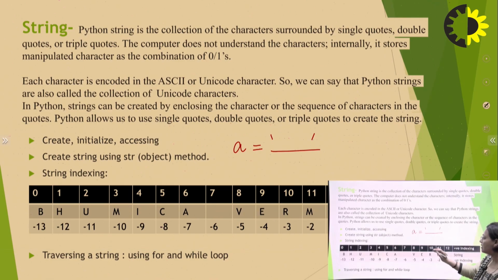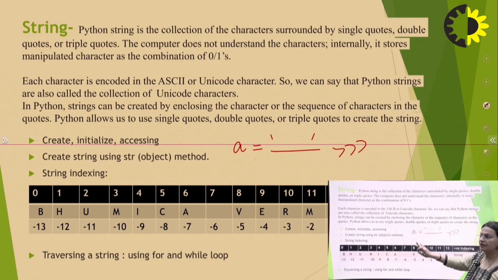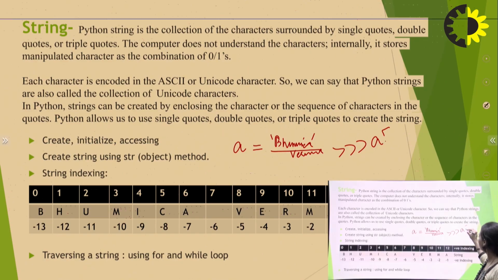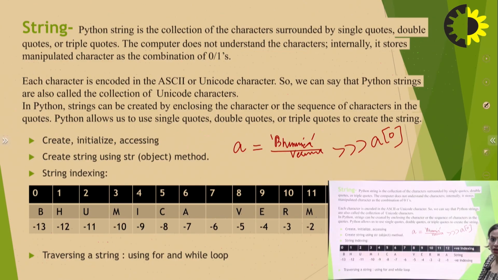So if A is equal to Bhumika Verma, suppose, so this is my name. If I want to access A[0], that means I want to access the 0th index element of this string, then it comes up with B. Similarly, the other alphabets also.